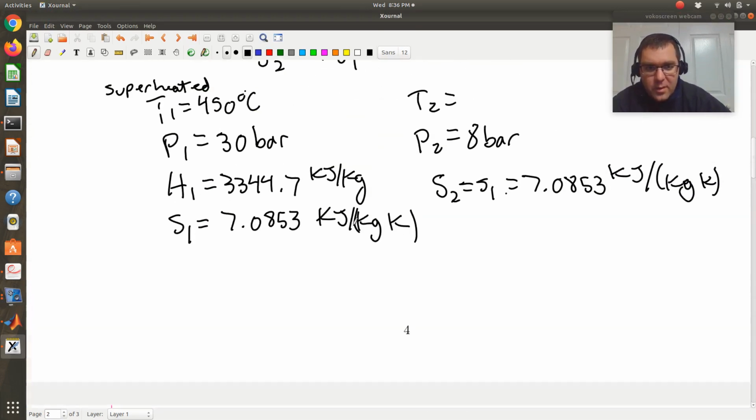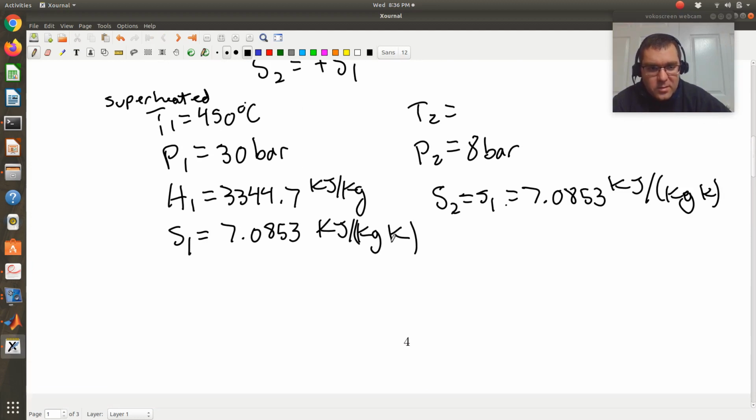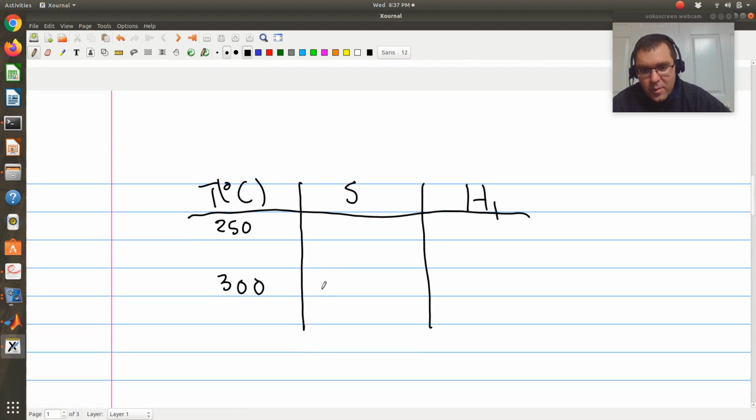The entropy of my system is 7.0853. So I'm going to look up the entropy and enthalpy at 250 and 300 degrees C. Then I'll use my known value of S to interpolate to find T and H.